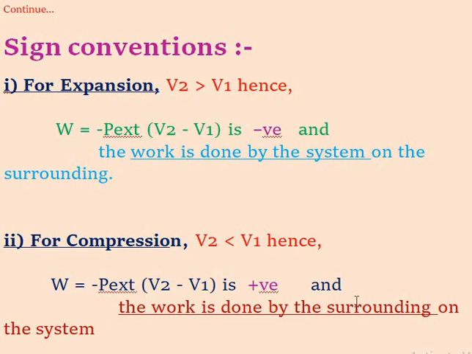From these two sign conventions, work done is negative when work is done by the system on the surroundings, that is, expansion, and work done is positive when the system is compressed. At this time, work is done by the surroundings on the system.